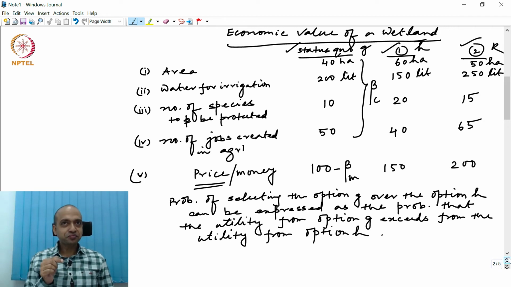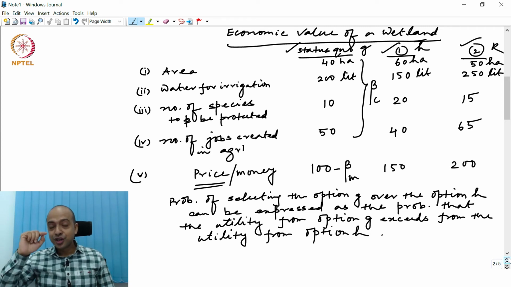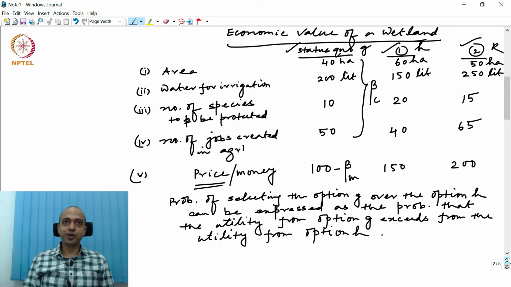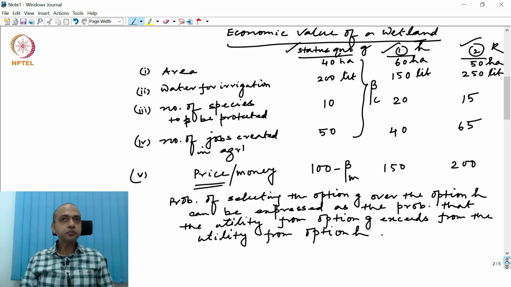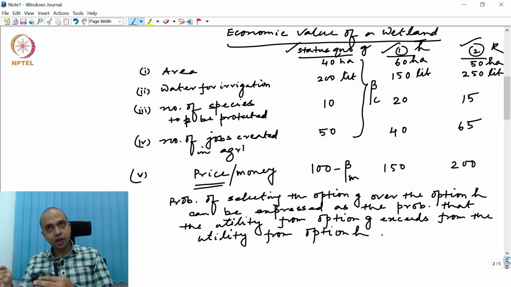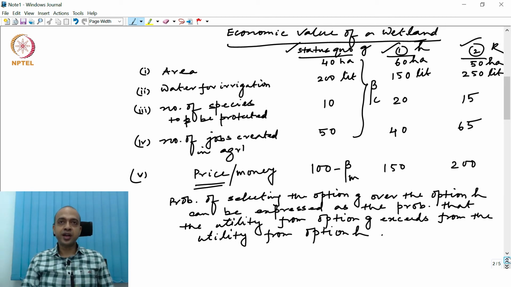That way we can overcome the strategic bias, that means the warm glow effect and the free riding problem, to a large extent in the context of choice experiment. So that is how economists say that choice experiment is much better than the contingent valuation method.